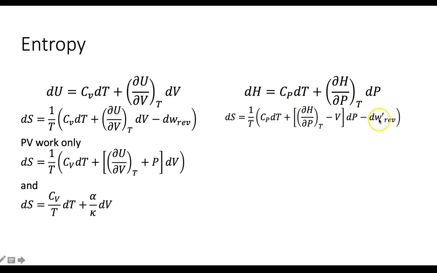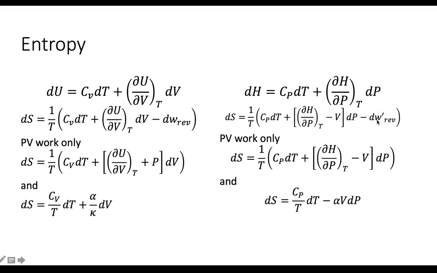We still have this dW prime, that's non-PV work. So if we now cut to PV work only, we get rid of that last term, right? So non-PV work goes away. And we're left with Cp dT. This can be determined from an equation of state, dP, and 1 over T here. And then we can also relate in terms of our mechanical properties.